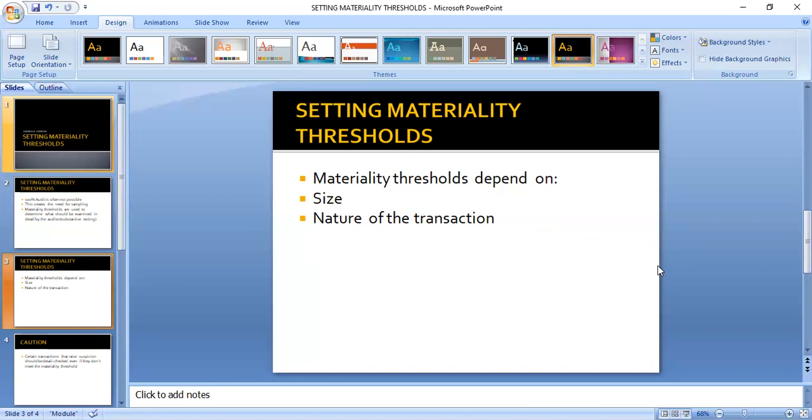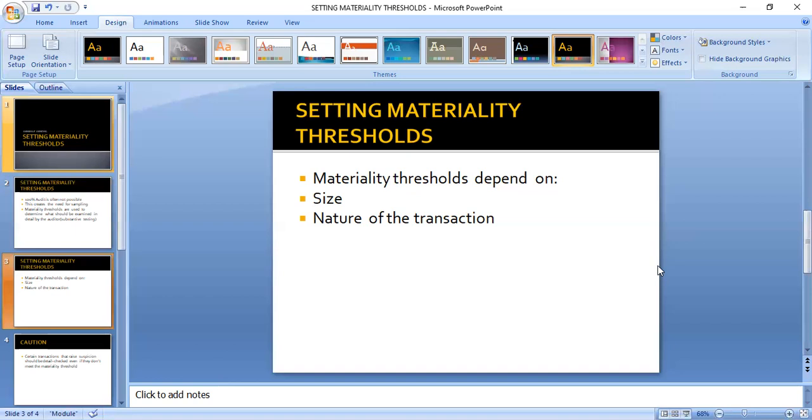It doesn't matter whether it meets your materiality threshold or not. You have to check it in detail. So compliance related transactions, you have to check them in detail because of the nature of the transactions.